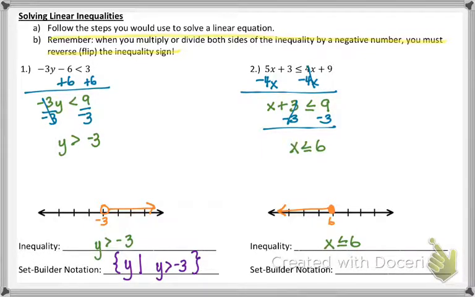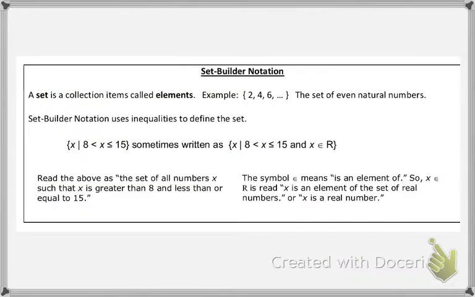And then in the set builder notation, for the second one, my solution is the set of all real numbers x, such that x has to be less than or equal to 6. So it kind of separates your solution from the condition of your solution. And that explains it right here. So when you have a set, the values inside your set are called elements.